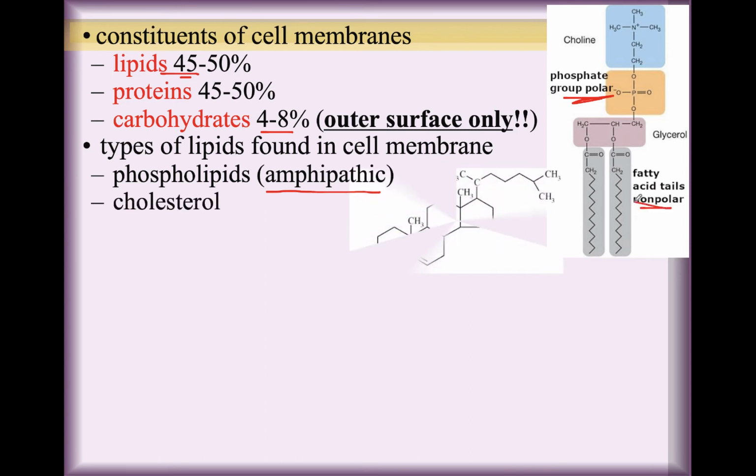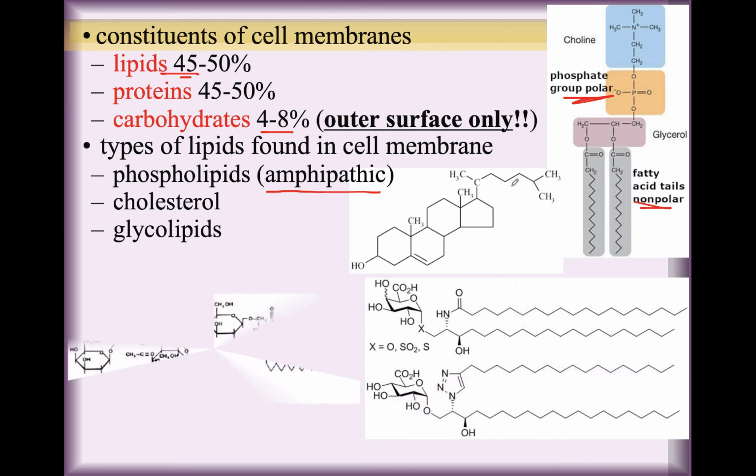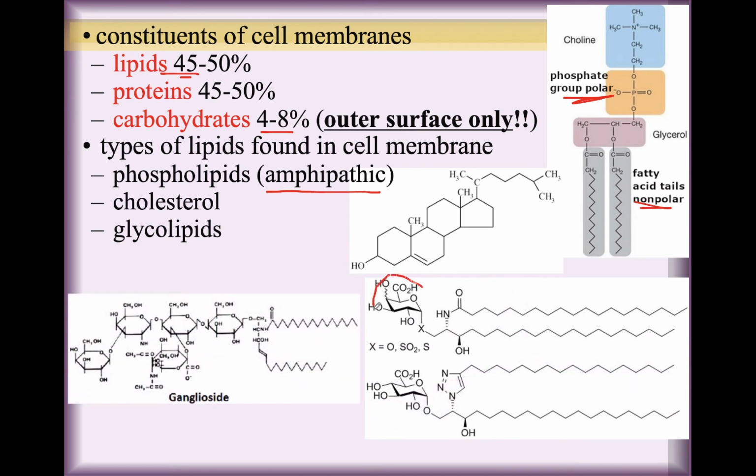All right, another important lipid is cholesterol, and as I told you when we did chemistry, you don't need to memorize this. You don't need to be able to draw it, but you should kind of recognize it. If you see something that looks like this, you should be saying, I think that's cholesterol, or maybe it's something that's derived from cholesterol. And then we also have lipids which have carbohydrate moieties on them, and we call these guys glycolipids. Here's that zigzaggy carbon chain.